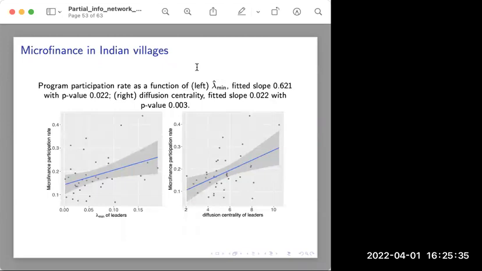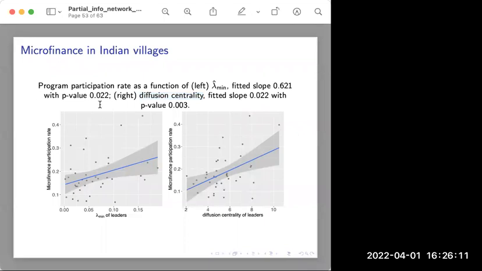Finally, we want to check whether, in addition to picking up information about global community structure, this lambda min as a centrality measure includes additional information beyond community structure. So we looked at the program participation rate as a function of two centrality measures. The first one is our centrality measure, and the second one is the diffusion centrality measure, originally proposed in the paper to capture exactly this information, the program participation rate.